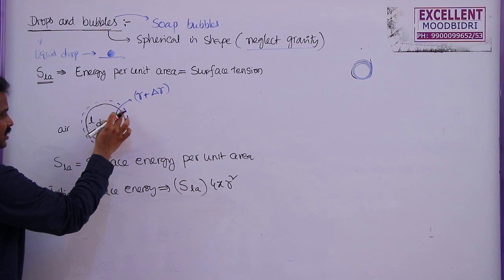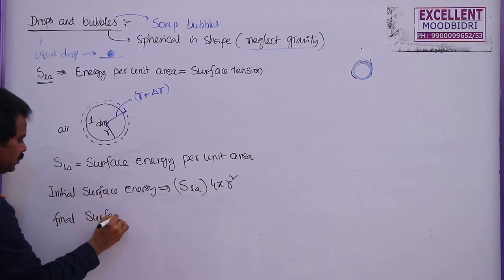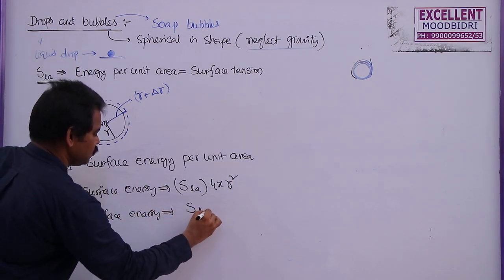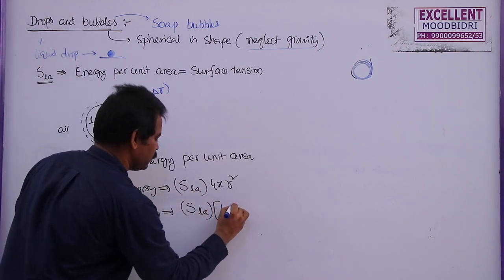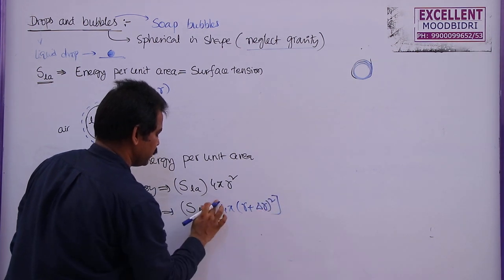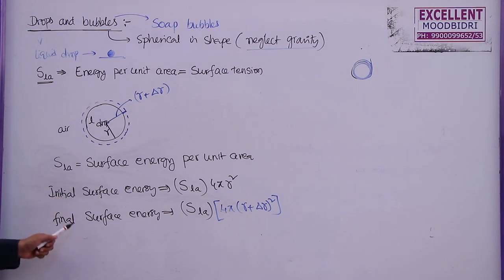So when the size increased, what is the final surface energy? The final surface energy is S_LA into 4 pi (r plus delta r) whole square. So what is the change in surface energy of this liquid drop?